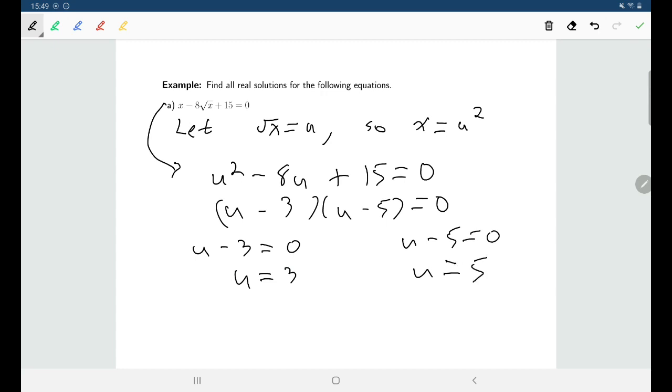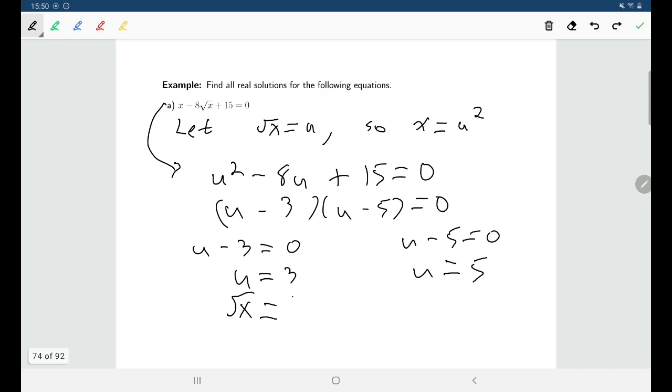Now again, don't be too excited and stop there and say, great, we found our answers, because remember, we weren't looking for the answers for what is u. We're looking for the answers of what are x. And so we need to go back and say, well, u, we were saying that that was what square root of x is. So instead of saying u is 3, I could say square root of x is 3.